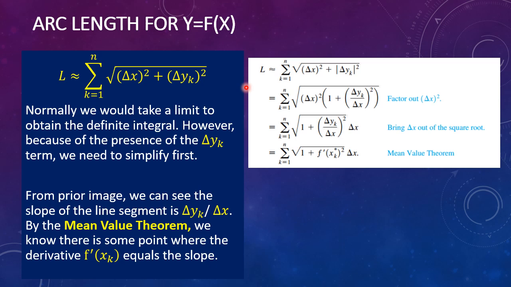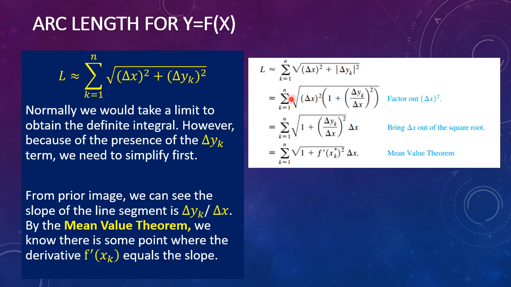And so someplace along that segment there's a derivative that actually is equal to the slope, or delta y over delta x, so we can do some algebraic manipulation, as you can see to the right.